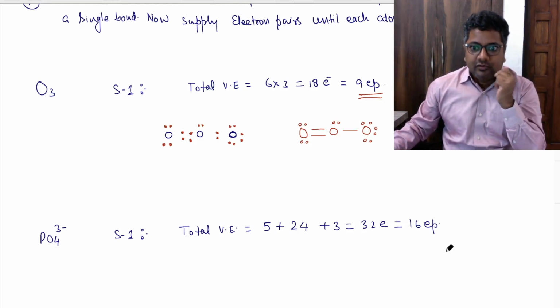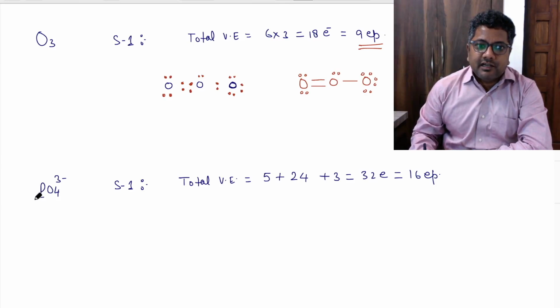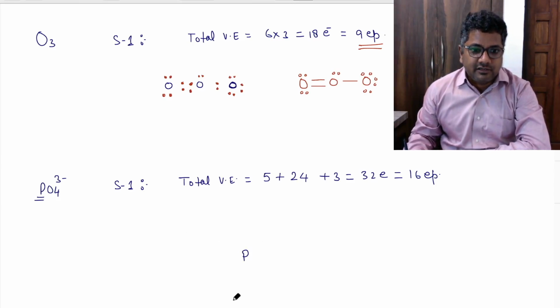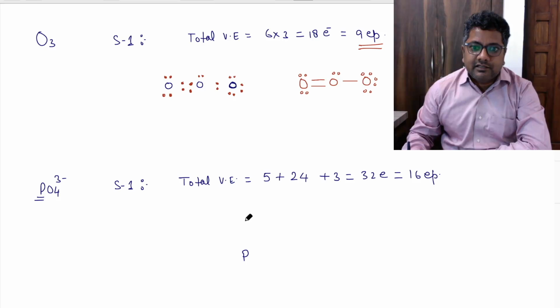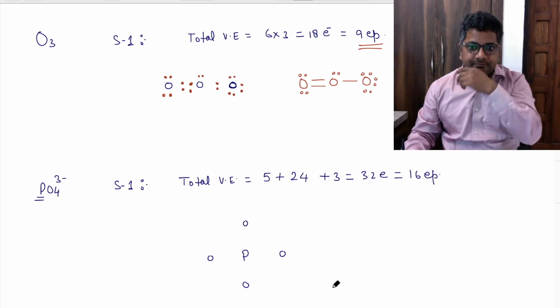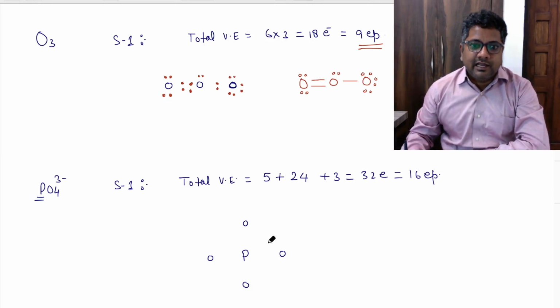No? Okay. Now see, what is the central atom here? The central atom is phosphorus. So as the name itself indicates, you have to write phosphorus in the center and write all 4 oxygens around it like this. Okay, and now put electrons.